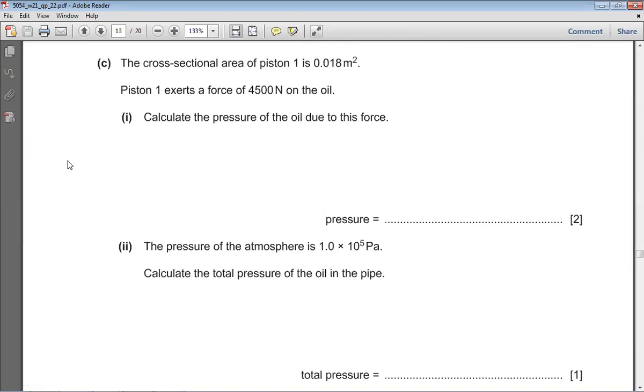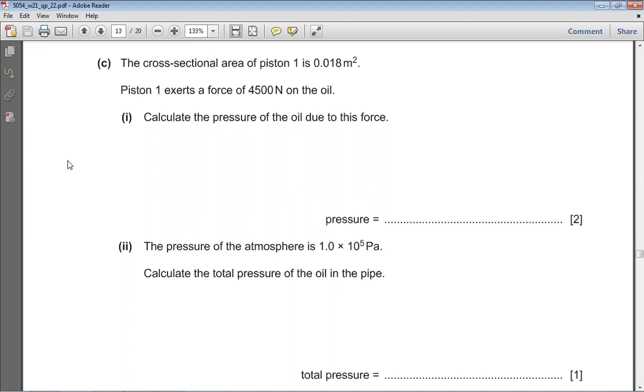Question number 7, C part. The cross-sectional area of piston 1 is 0.018 meters squared. Piston 1 exerts a force of 4,500 Newton on the oil. Calculate the pressure of the oil due to this force. You know the pressure is force divided by area, the formula P = F/A.